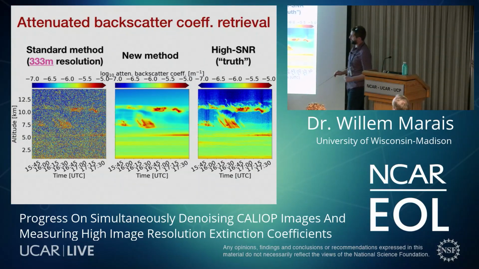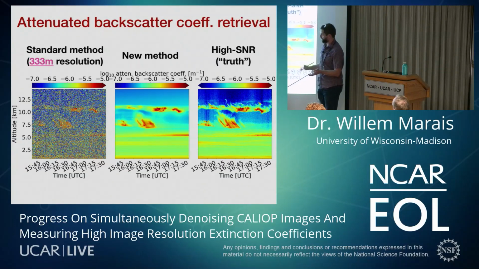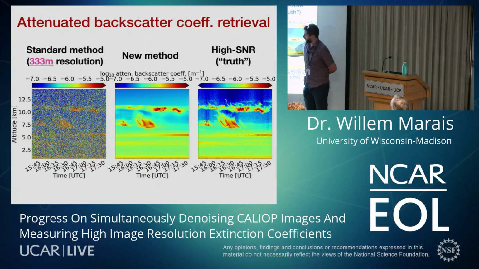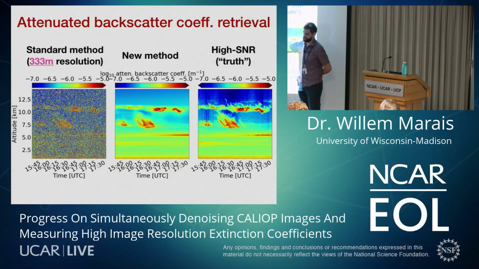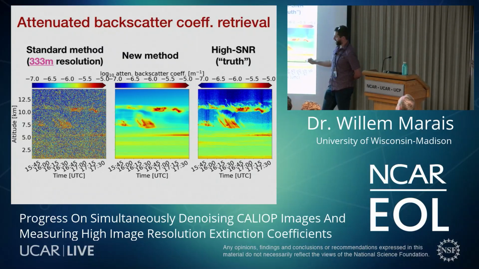In this result, this is what you saw in the first slide, the introduction slide. This is what you will get if you don't do any averaging and want to infer the attenuated backscatter coefficient. This is what you will get if you infer it with the Prox-beam 3D methodology that we developed, adapted for CALIOP.